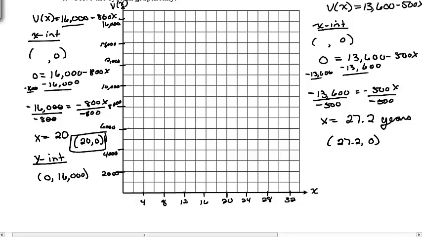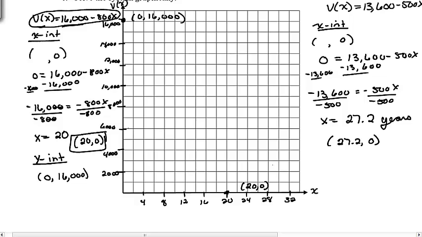All right, so let's graph our first line here in black. And so its y-intercept was at 0, 16,000, sorry. And then its x-intercept was at 20, 0. And then we can draw this line in.